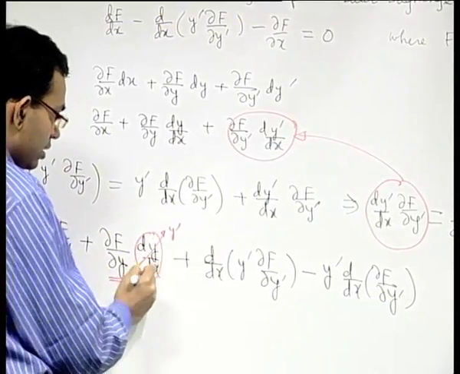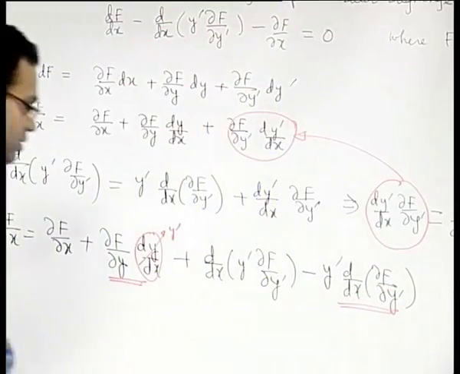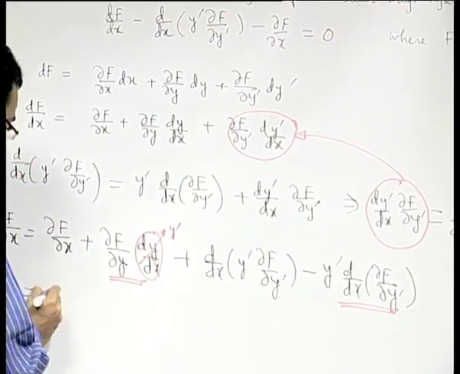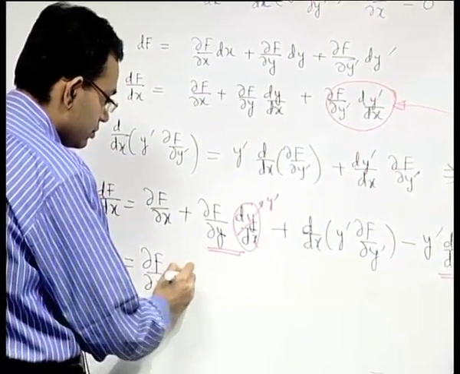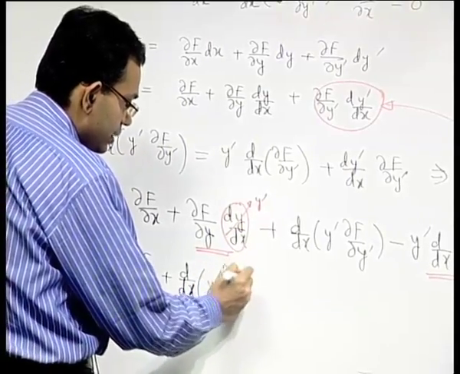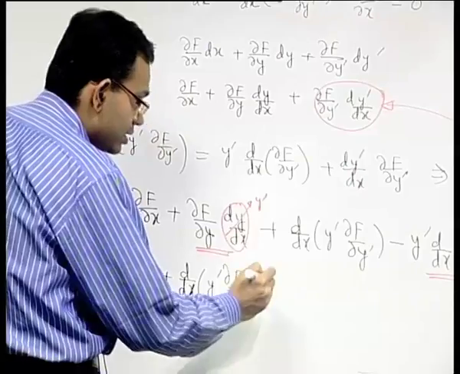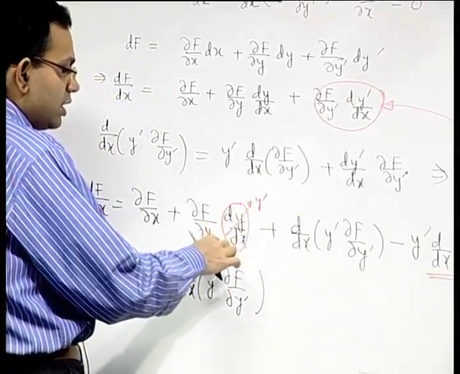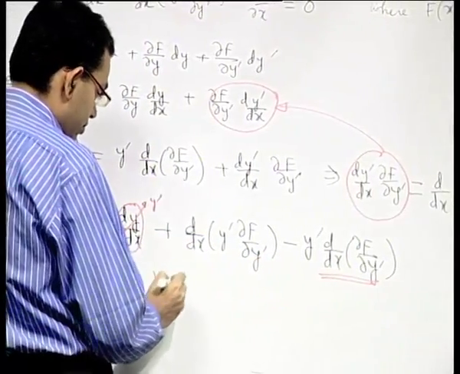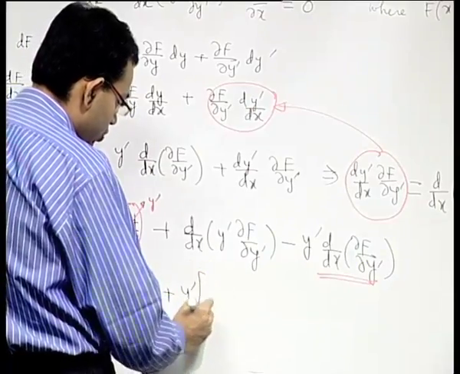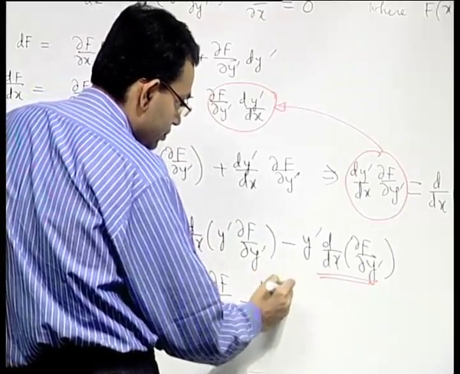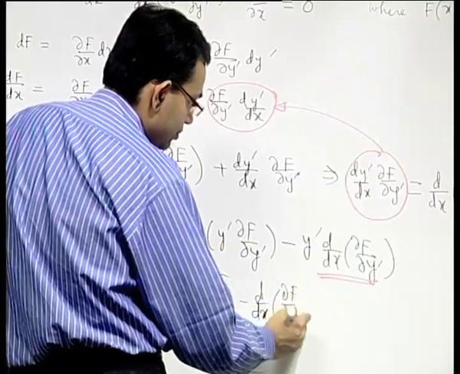So, we can club up these two terms and write that this is nothing but this one plus the combination of these two terms which are marked here in red. So, plus y prime into del f del y minus d dx of del f del y dash.